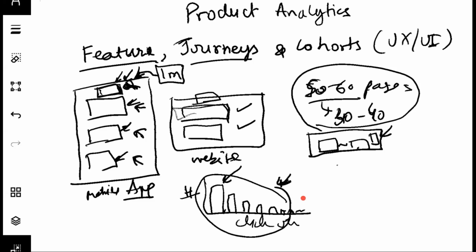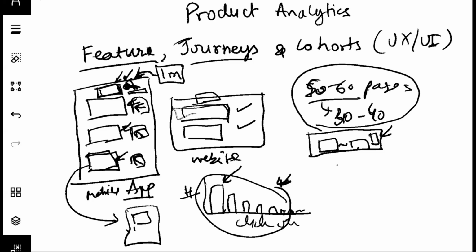The other thing to think about is, so this is feature when you look at things singularly. The other one is a journey. Let's say last time we talked about it, there is your listing here. They are given in a certain order. Maybe you give them a sort preference. From there, people go into the listing page where the features are, where the pictures are, and then there's a buy now or book now button, and then there is a whole list of the flow, and then there is a final conversion.